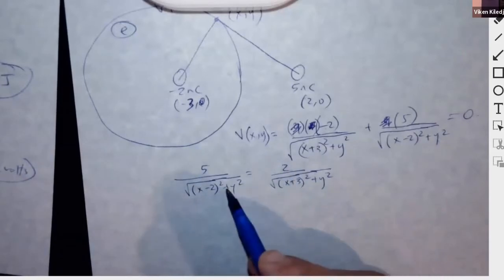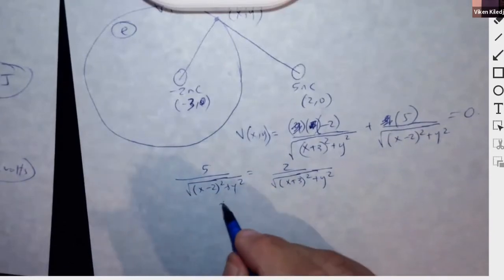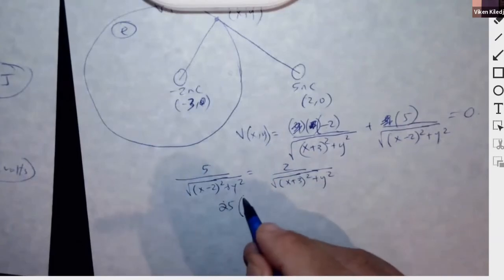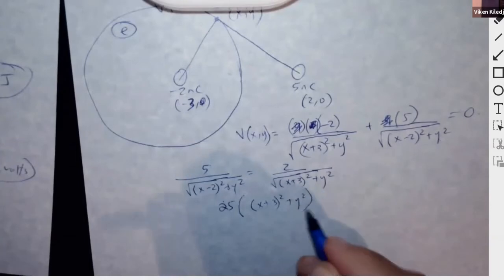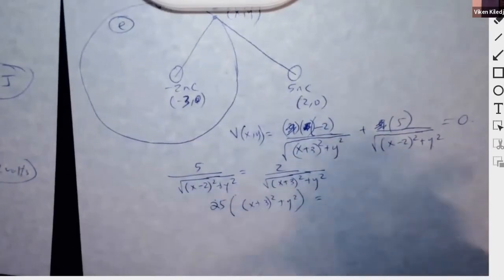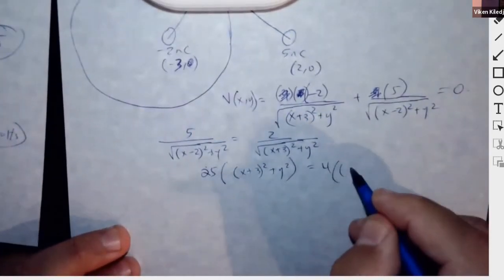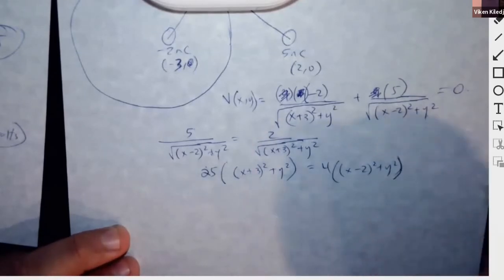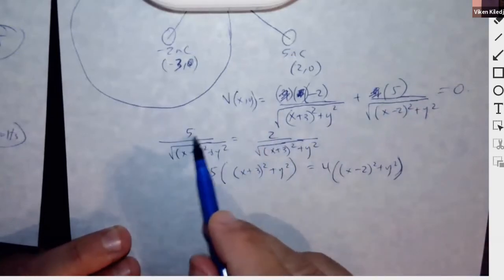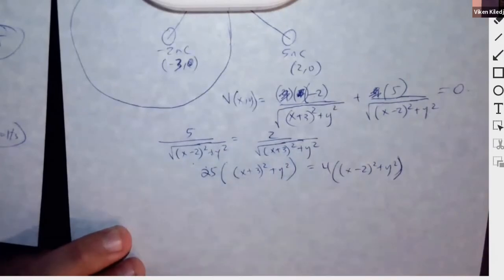If we square both sides, we get rid of the radical, right? So it'll be 25, and then cross multiply. So it'll be 25 times x plus 3 squared plus y squared is equal to 4 times x minus 2 squared plus y squared. Right, so square this, square this, you just get rid of the radical.